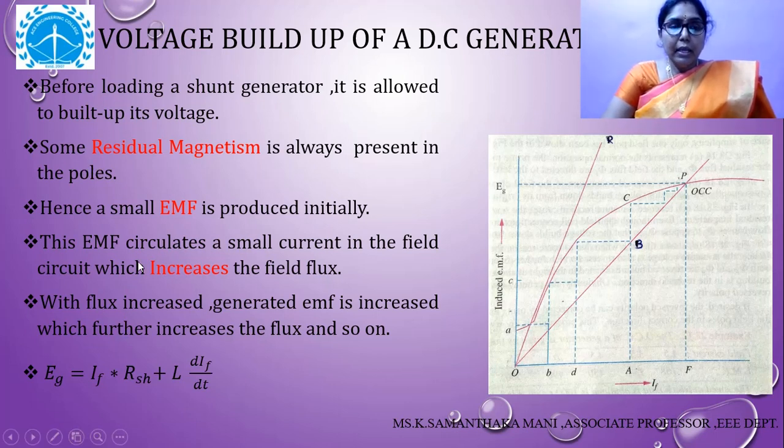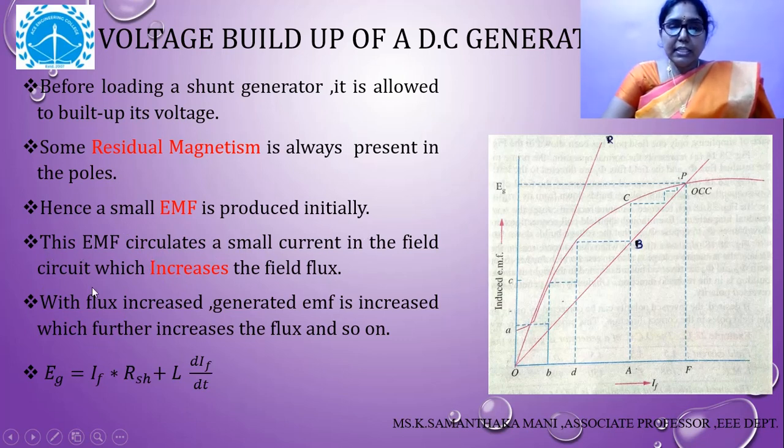This will be discussed in detail under failure of voltage buildup of a DC generator in the coming slides, but I would like to mention the residual magnetism. Here OA, with a small a, is the residual voltage. Hence a small EMF is produced initially.